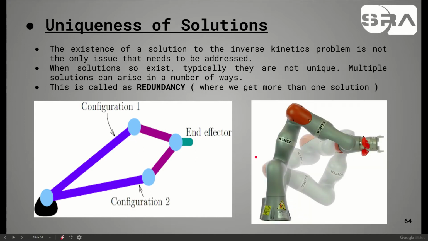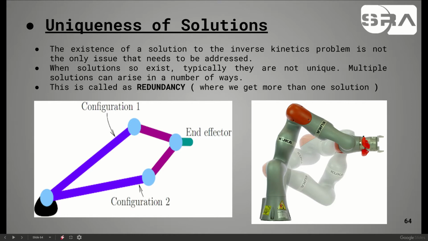Similarly, you can see for this robot, for the same target position or same goal position, we have 3 orientations. So this is also a problem for us, the uniqueness of solution. We have to think about uniqueness of solution as well as the existence of solution in case of inverse kinematics.